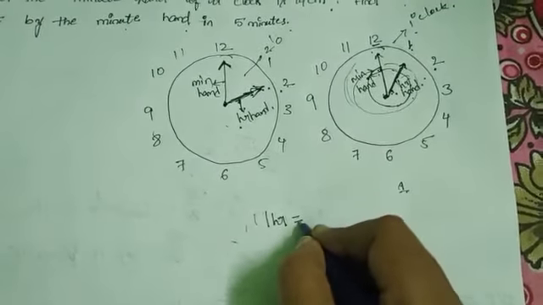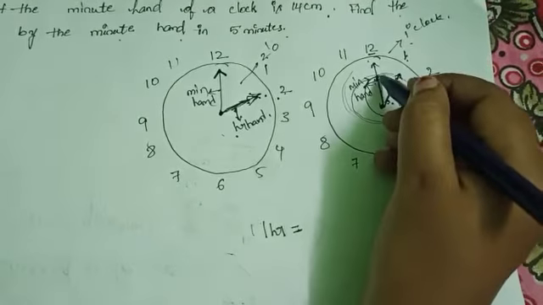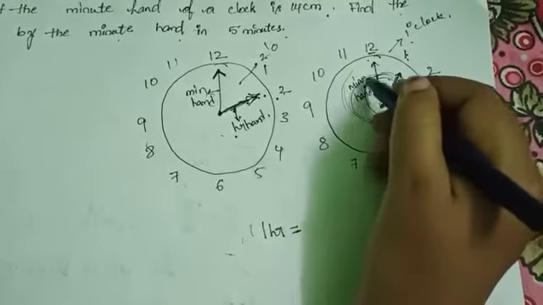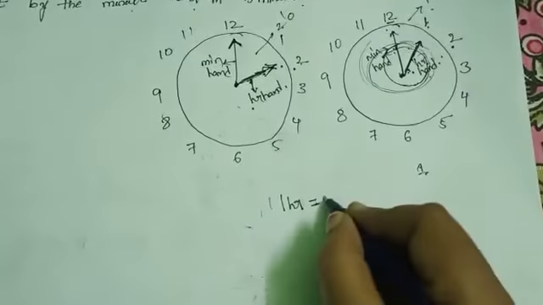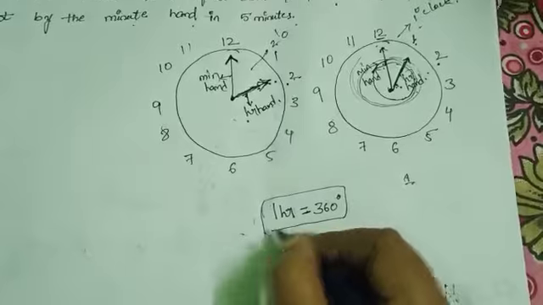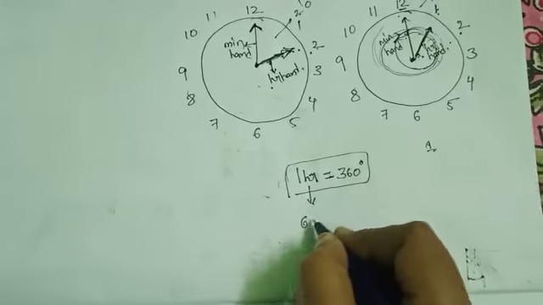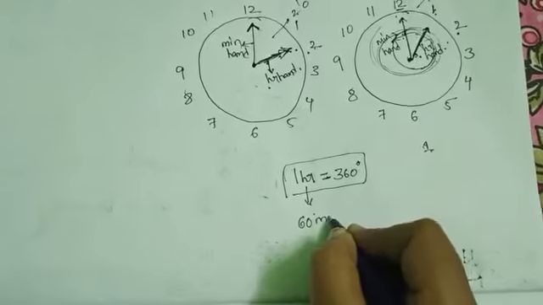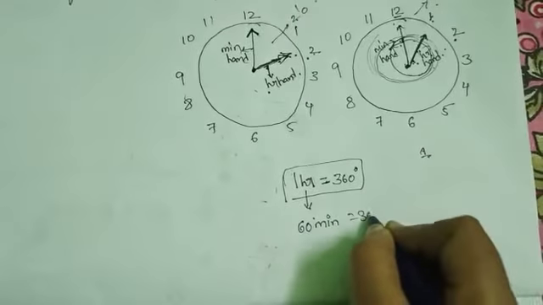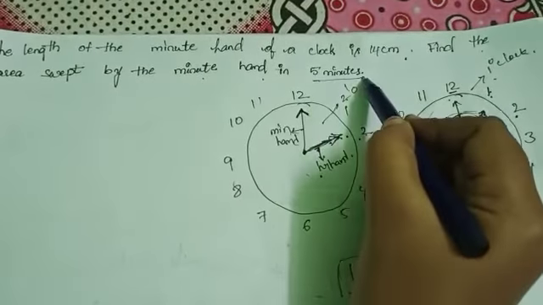1 hour equals the minute hand rotating one complete circle. What is the angle in one complete circle? 360 degrees. It means 1 hour equals 360 degrees. 1 hour equals how many minutes? 60 minutes. So 60 minutes equals 360 degrees. Here we want 5 minutes.